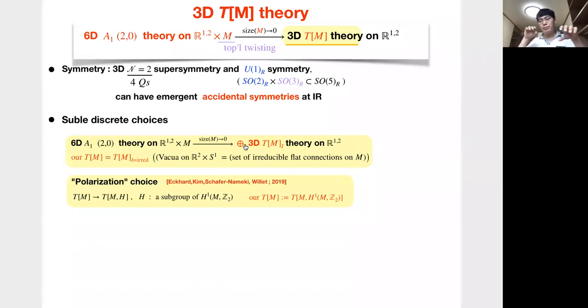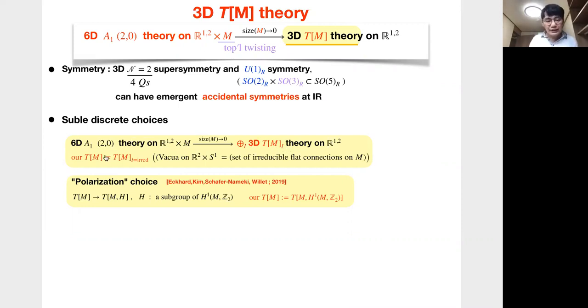Each vacuum will give different theories. So more precisely, after the compactification, we are not getting a single 3D theory. Instead, we get a collection of 3D theories, which is labeled by i.